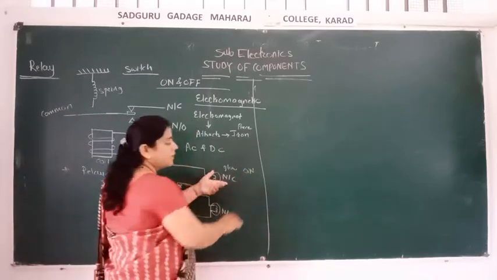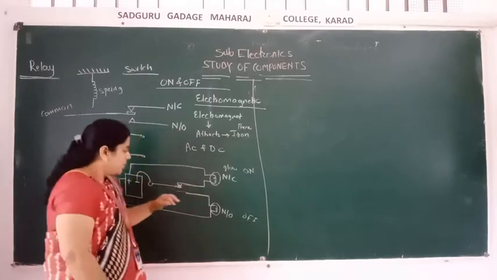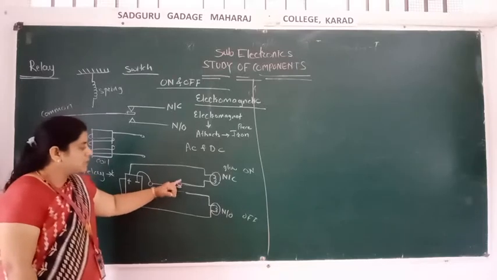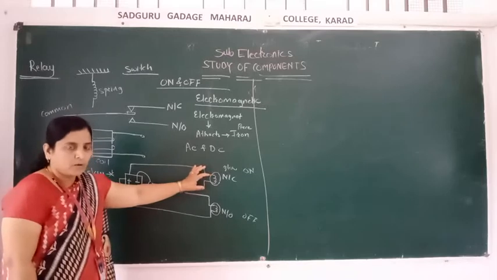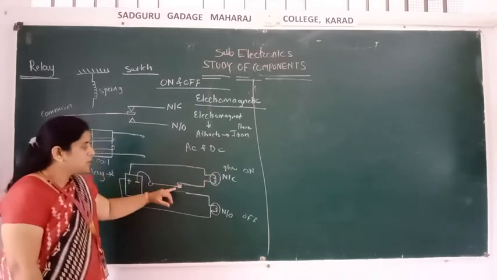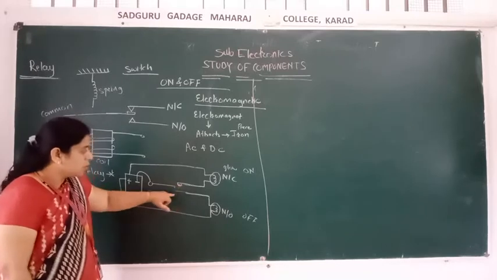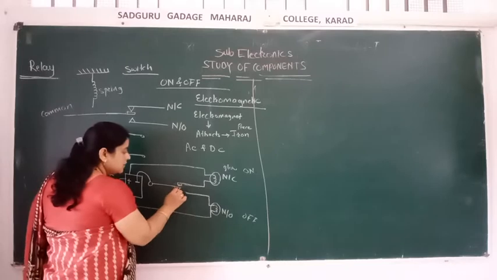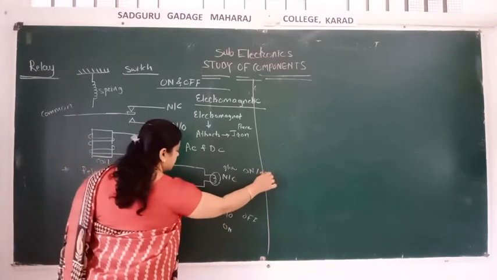This bulb will be on and this bulb will be at that time off, in the off state, because this common line is connected to the upward side. Means positive and negative is given to only this one bulb. So that is normally closed, will be open. When you connect this common line here to this one, this bulb will be on and it will be off.